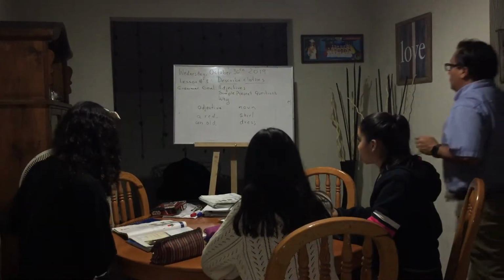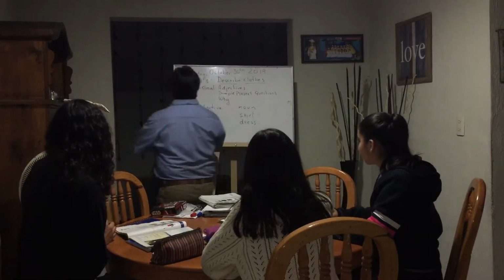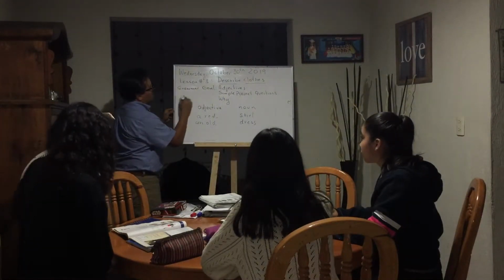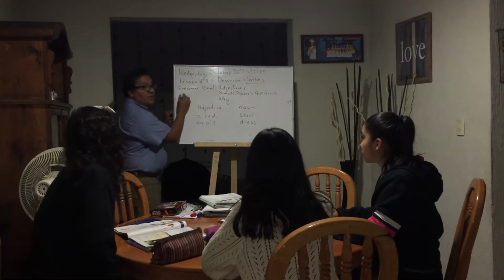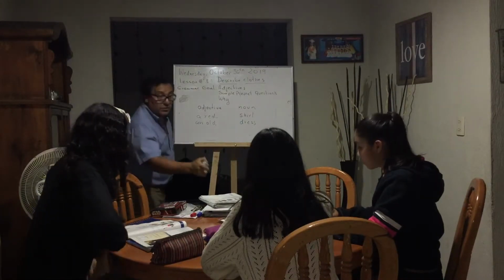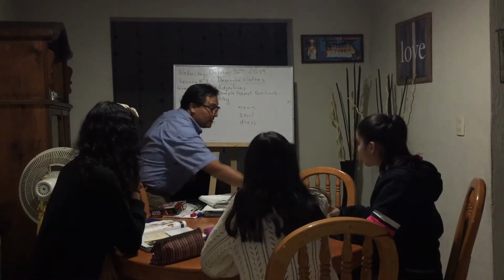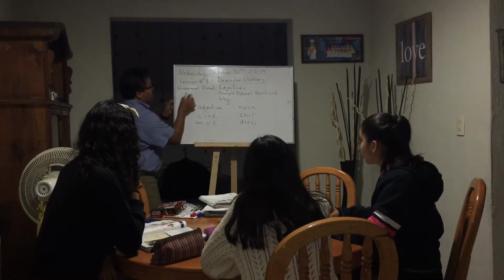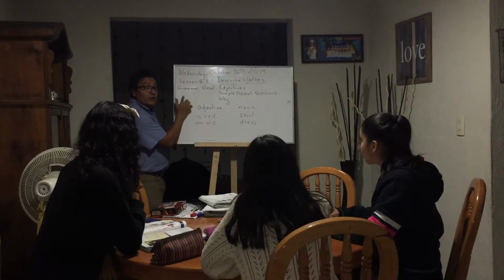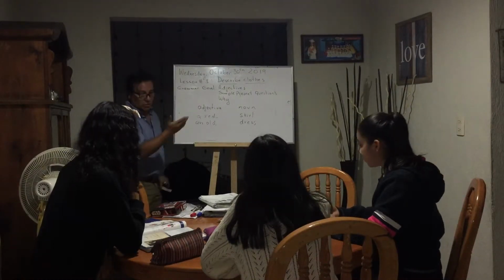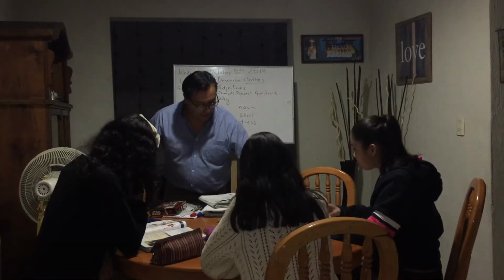So, look at my board. This is dirty. Can you see the image over there? Dirty. And if I erase this one, now this part is clean. So again, dirty and clean.